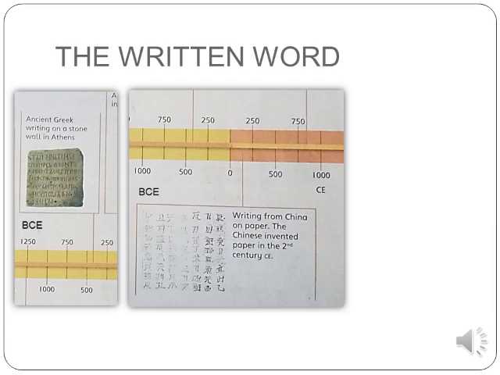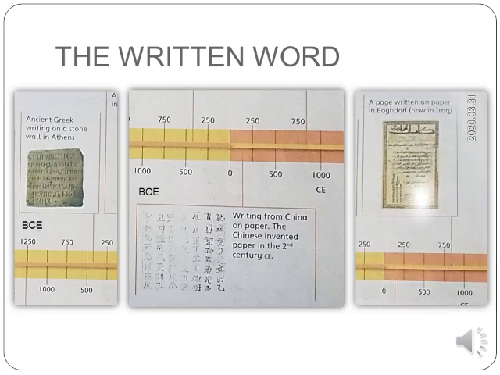Now moving along the CE timeline, we see after 750 CE a page written on paper in Baghdad, now in Iraq. So the writing began from the clay to the stones, then on papyrus, and then on the walls, and then finally on paper.